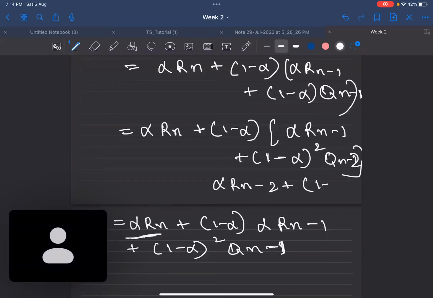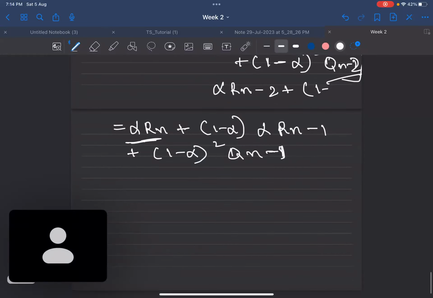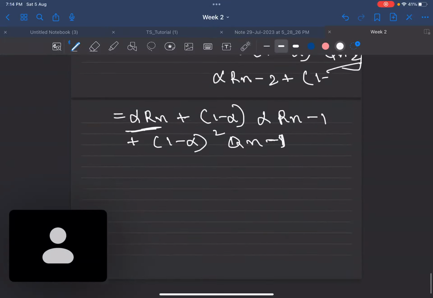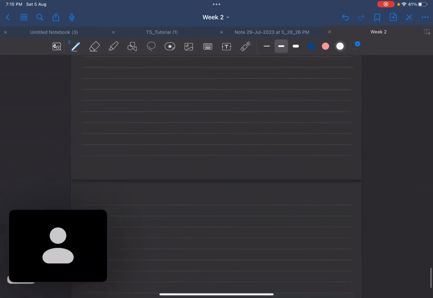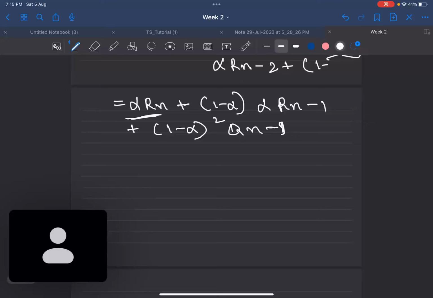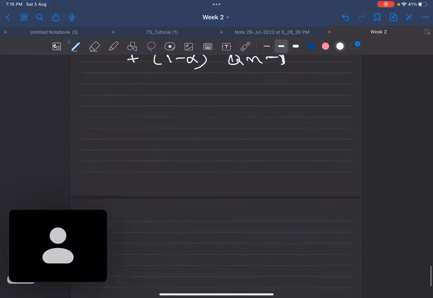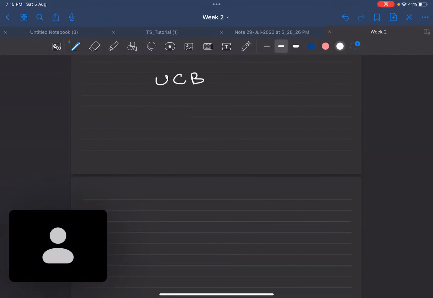The main motive of telling is that as we go ahead, more weightage is given to the recent rewards than the old rewards. Okay, let's leave that, otherwise more confusion will be there. Should I go ahead? Yes, ma'am.